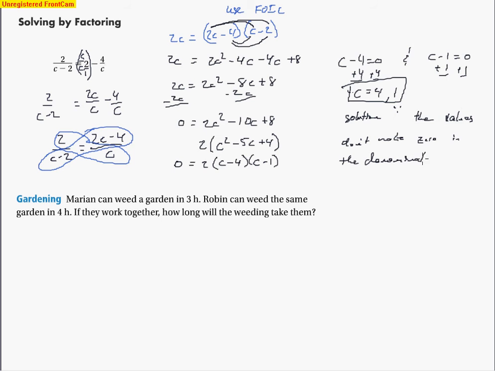Now if they did, if one of them did, if it was maybe a c - 4, then I would have 0 in the denominator, and that would not be a solution.